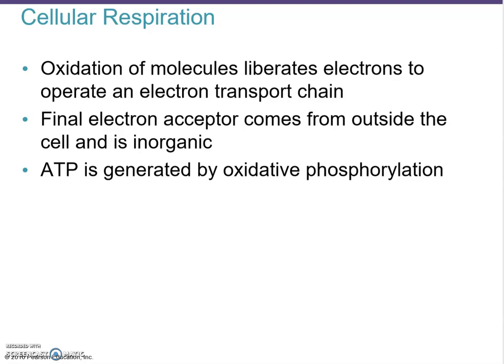So in cellular respiration, now we are liberating more electrons, and we can operate what's called the electron transport chain. The final electron acceptor in most cases is oxygen, but microbes have some genius other ways, some alternatives to that. The human body can only use oxygen as a final electron acceptor, but anyway, we're going to take a look at that, and we're generating lots and lots of ATP.